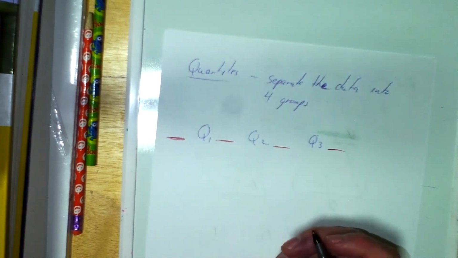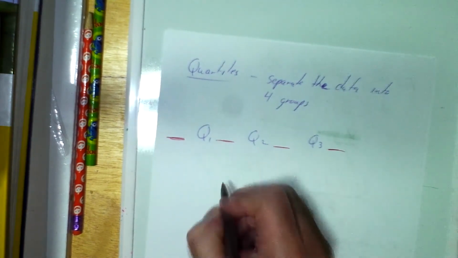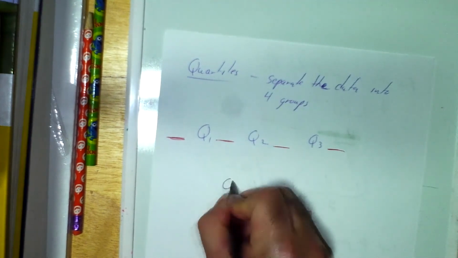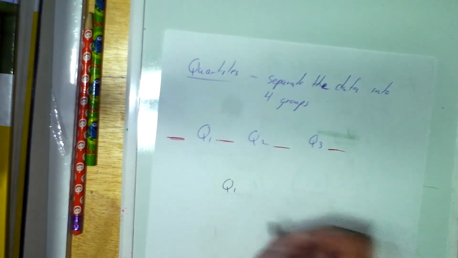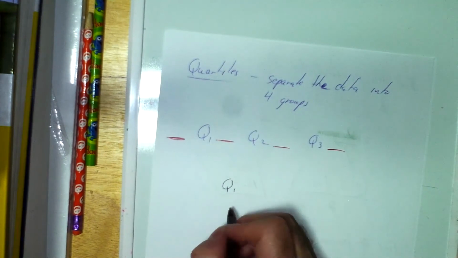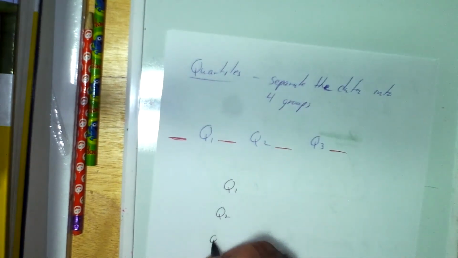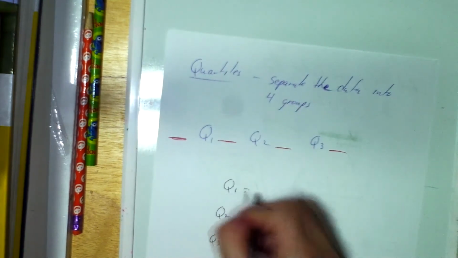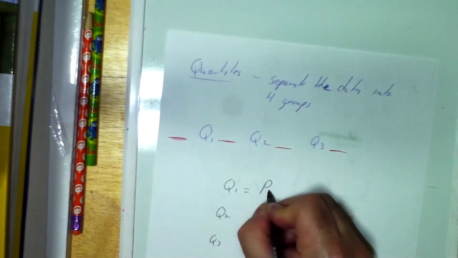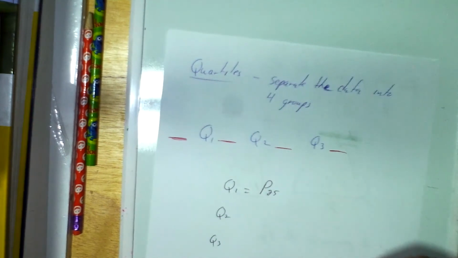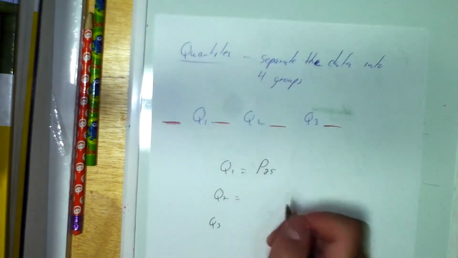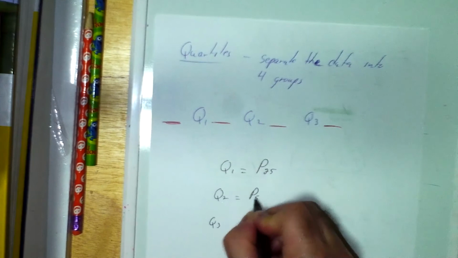So there isn't really much of any steps. All you can do is rewrite this in terms of percentiles. So remember, they're quarters. You're splitting them into quarters. So basically, Q1 is really P25. Q2 is really P50.